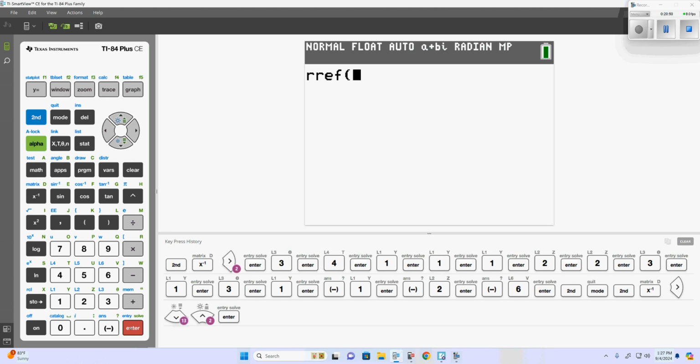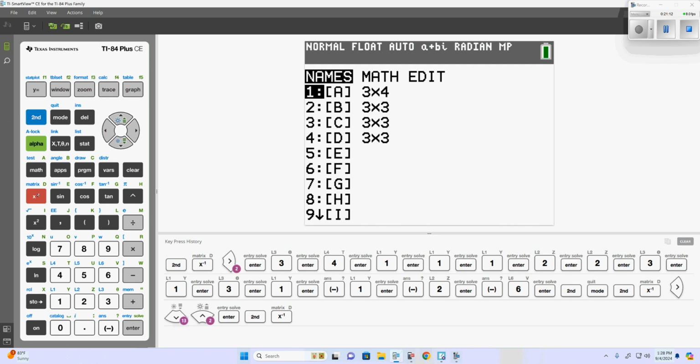We're all able to get to this screen, yes? Okay, now at this point we need to put the matrix in because we need to tell it what we're going to apply this reduced row echelon form, this RREF, to. To get there, we're going to go second matrix again.